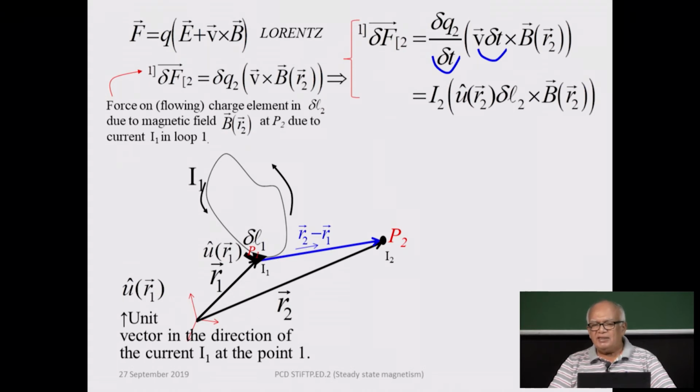And from V delta T you get the current length segment. It is velocity into time, which is distance, and this is the distance through which the charge moves in the direction of a unit vector u at the field point, which is UR2. U is a unit vector, so it has got that caret or cap, all right.